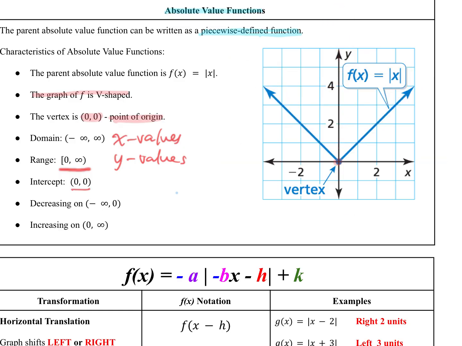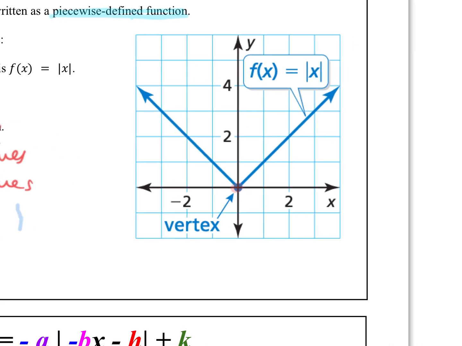Now, let's understand this word, decreasing. Look at this: decreasing on (negative infinity, 0), and it increases on (0, infinity). What that means is very simple. If you look at your graph, starting from your left side, remember that this is your negative infinity, and this is going to be your positive infinity, the right side of your graph.